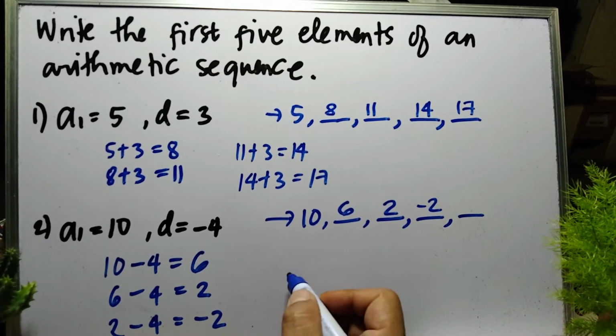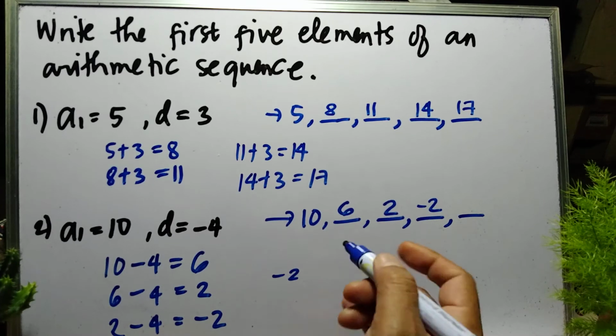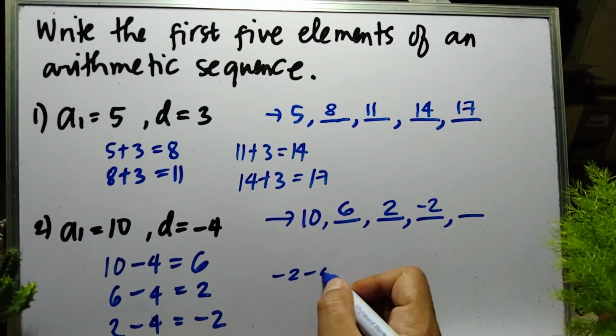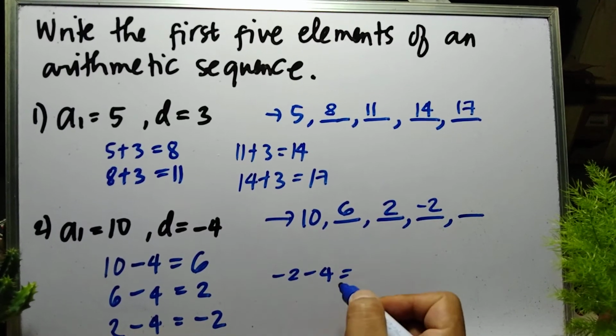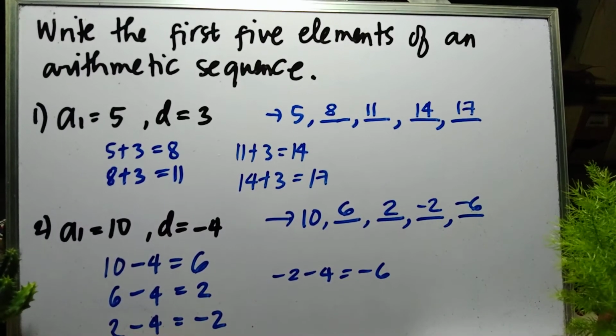Okay, again, from negative 2, wherein this is your fourth element, you subtract 4. So negative 2 minus 4 is negative 6. So therefore, your fifth element is negative 6. Okay? I hope you've learned something from this topic in finding the first 5 elements of a certain arithmetic sequence.